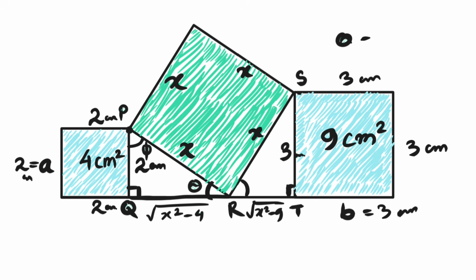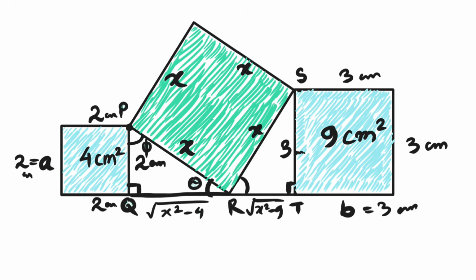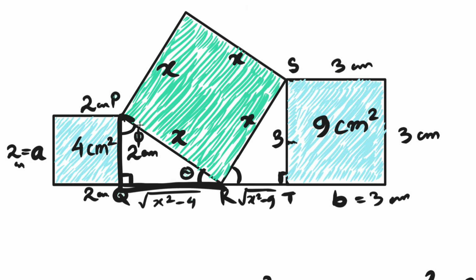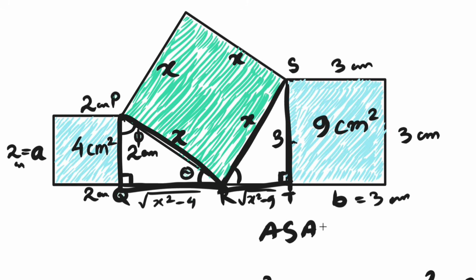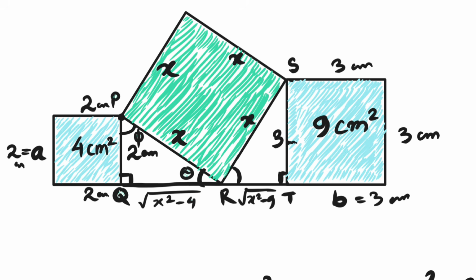Because of this angle relationship and the equal corresponding sides coming from the green square, the 2 right triangles can be matched with one another and are congruent by angle side angle, or ASA, congruence.